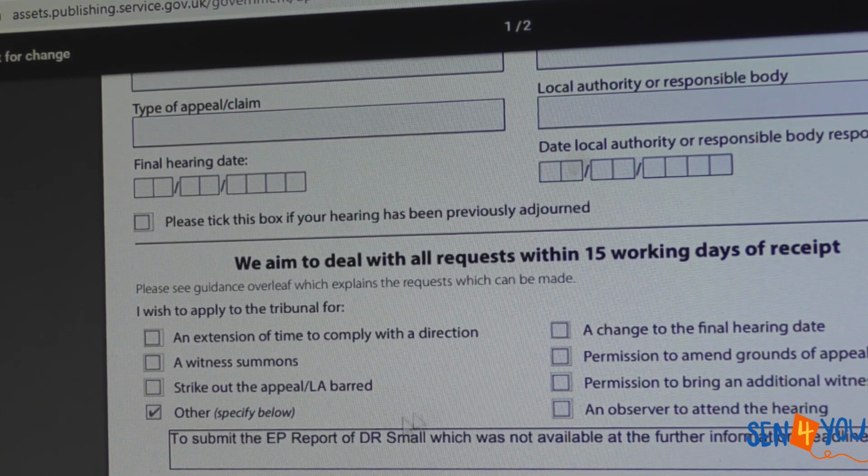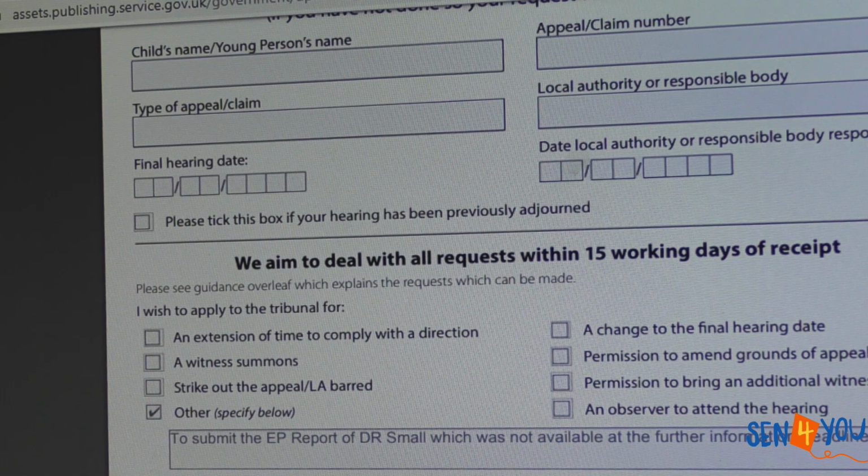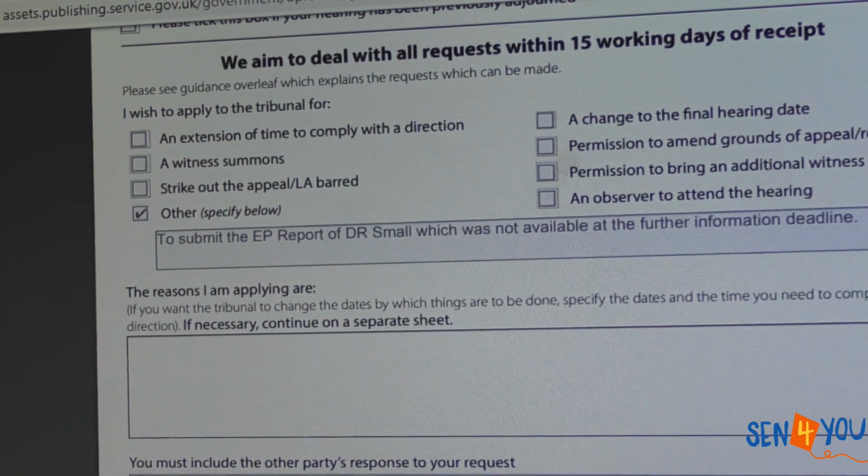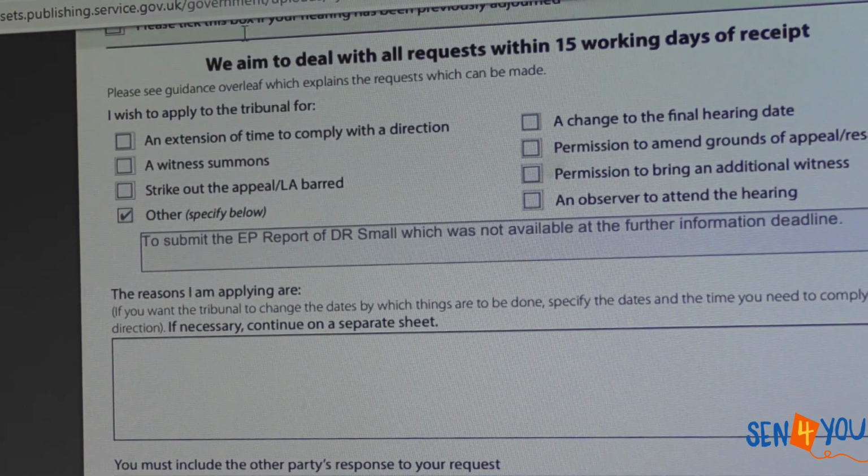And then you set out here your reasons. You would say something along the lines of, the report is relevant to determine the issues in dispute, and you've asked the local authority for their views, and they've either given permission or refused. If they refuse, then it's up to the tribunal to decide if they're going to allow that evidence. So that's just a request for changes form.